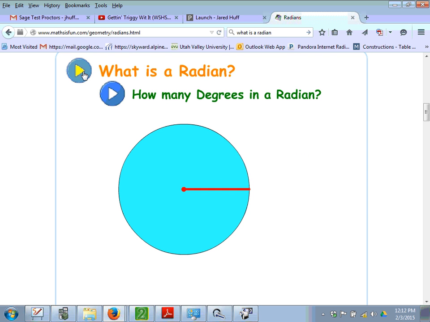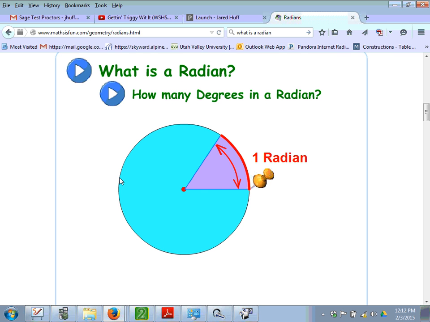Watch it again. Whoa, cool. There's 1 radian. Now 2 radians, if they did this exact same length again, wouldn't 2 radians end about right here? 3 radians would end maybe about right here. So 3 radians doesn't quite get us to half a circle.